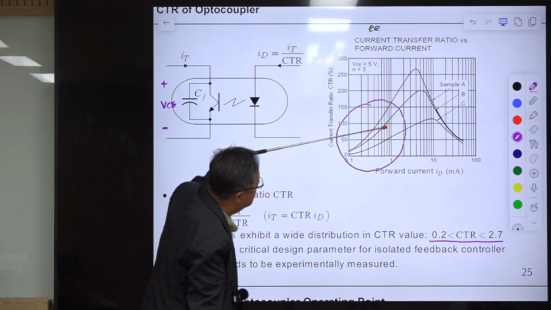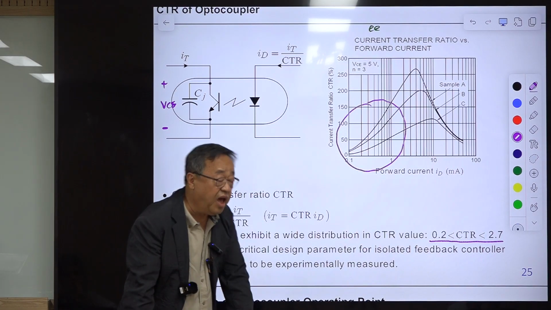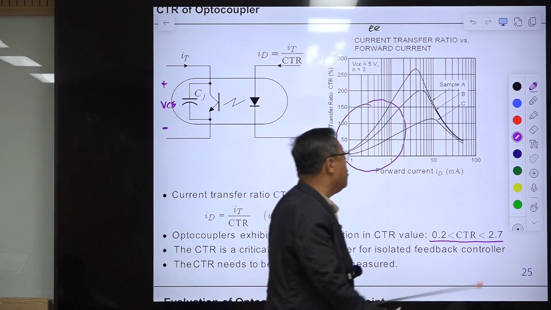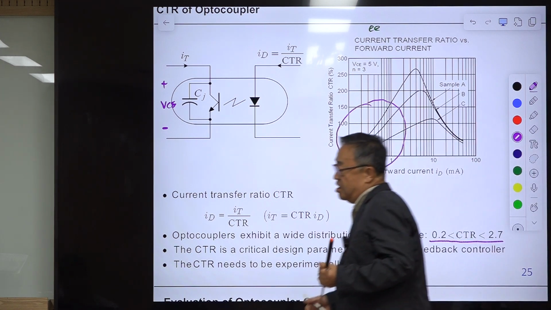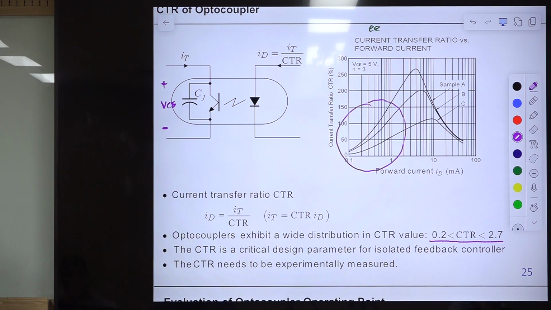One example with this much. And even worse, the CTR highly depends on the sample, right? So there is a large uncertainty in the value of the CTR. But CTR is an important parameter for the isolated feedback controller.